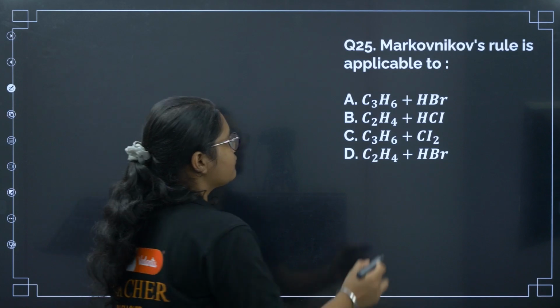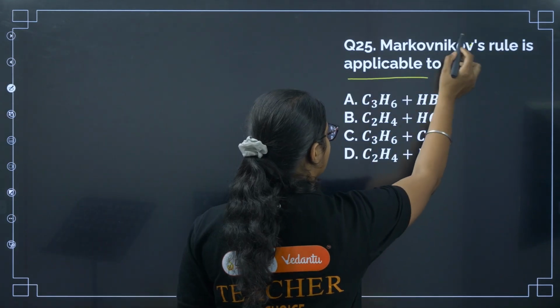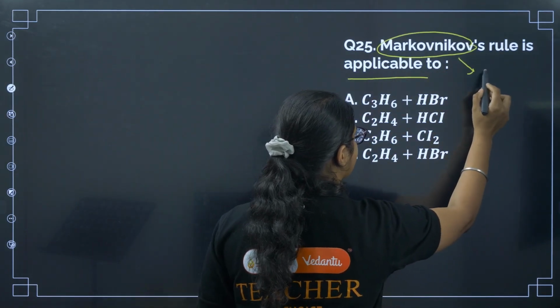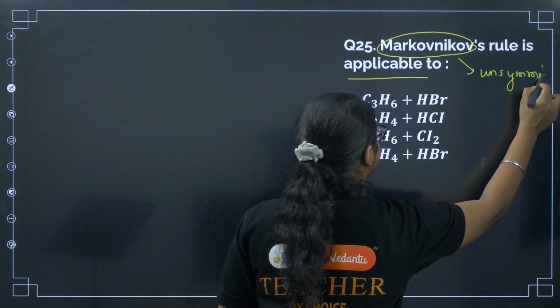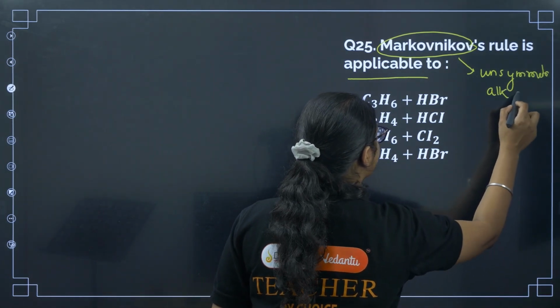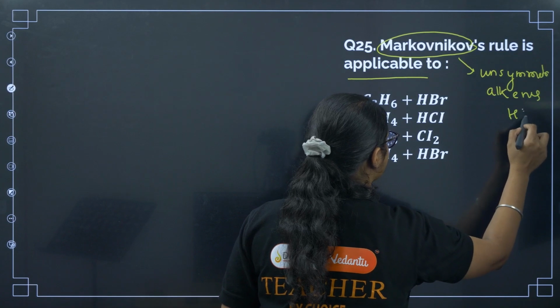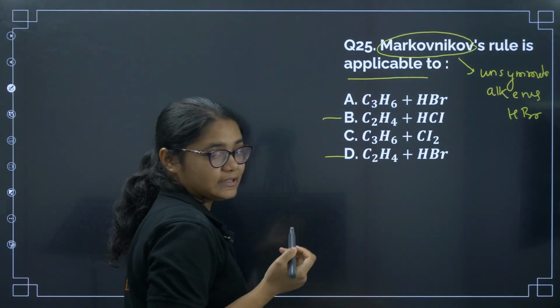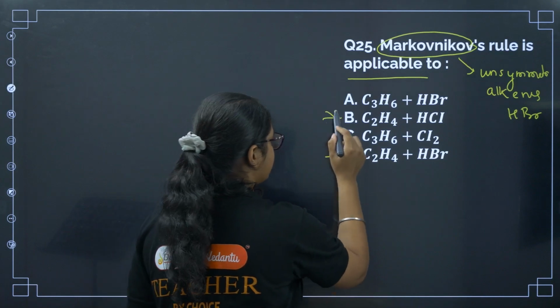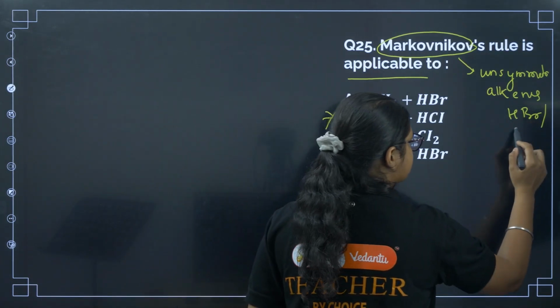Next, Markovnikov rule is applicable to. So you have to remember, Markovnikov rule is only applicable when there are unsymmetrical alkenes and HBr should be there. Now, C2H4 and C2H4, that is your ethene, are symmetrical alkenes, so we can eliminate these two, HBr or HCl like that.